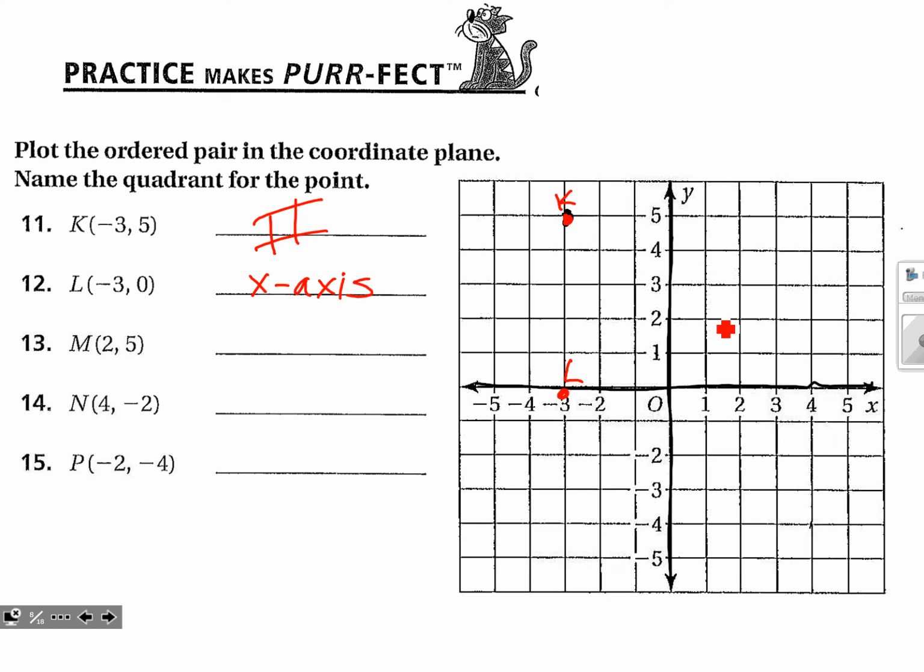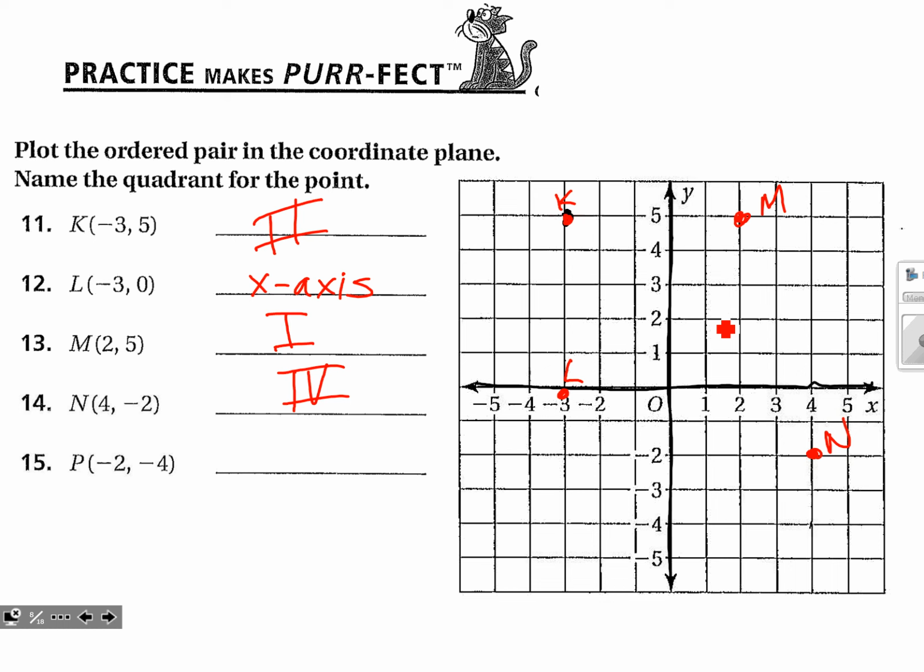M is (2, 5). That's located in the first quadrant in Roman numerals. Number 14, (4, -2), is located in the fourth quadrant.